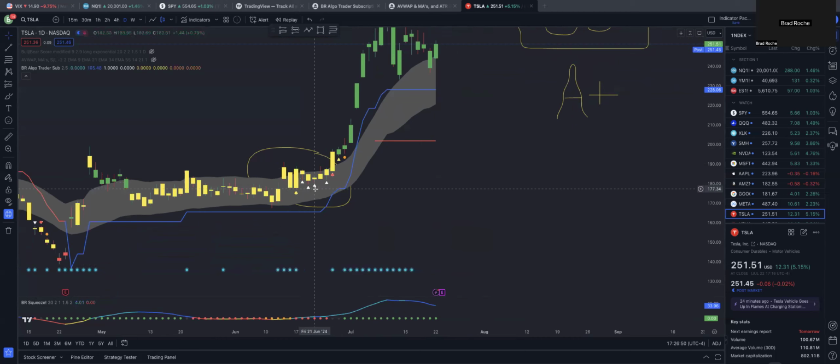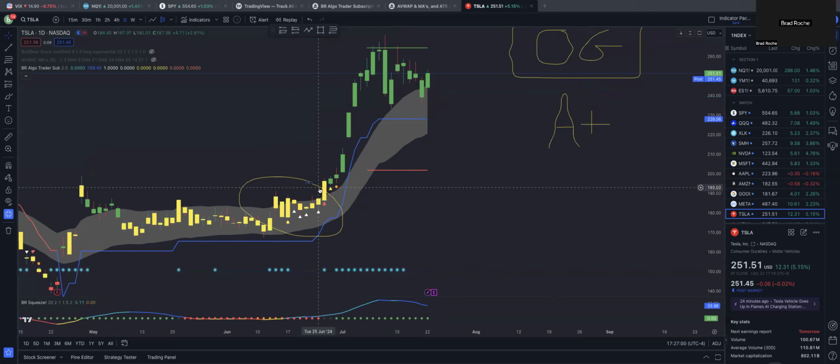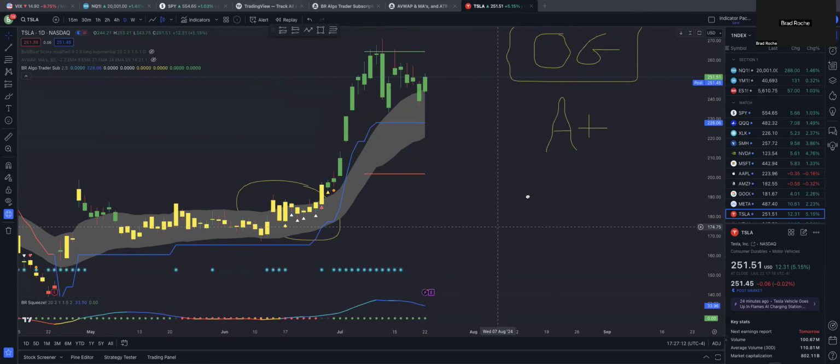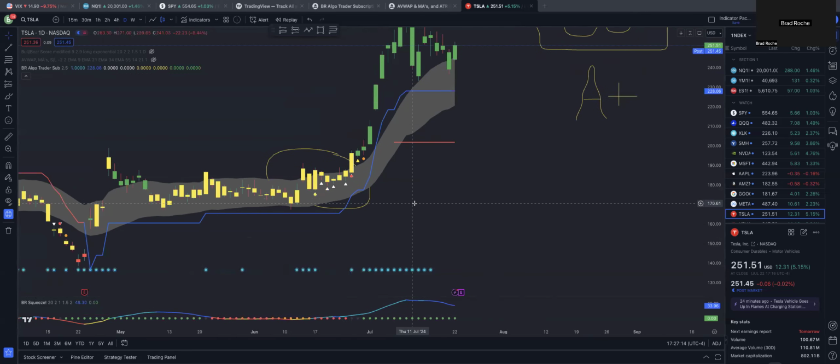Here's an example of a white signal, white signal. These are original signals. And then you got that yellow signal, the A plus signal. And then boom, huge move after. A move from 197 up to 266, actually all the way up into 270. Absolutely a monster move.